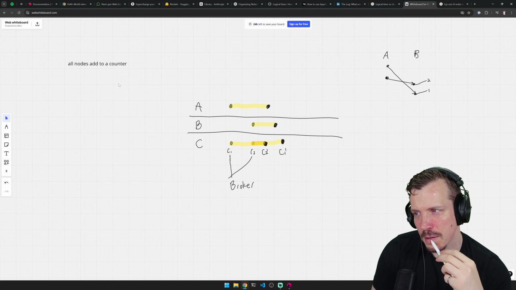And it could be eventually consistent, but it wouldn't be consistent at any point in time if those values came out of order.